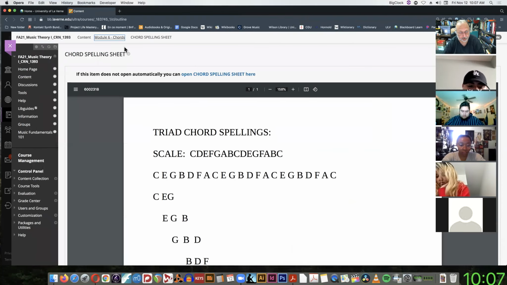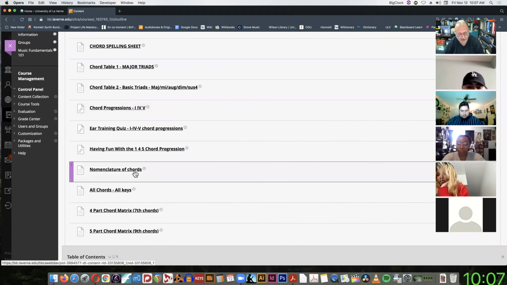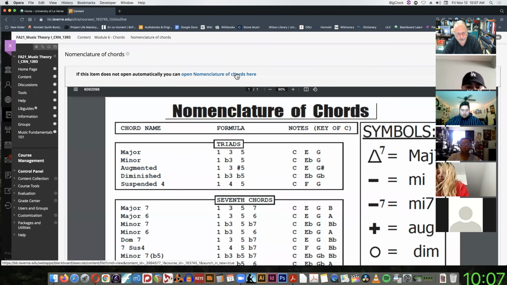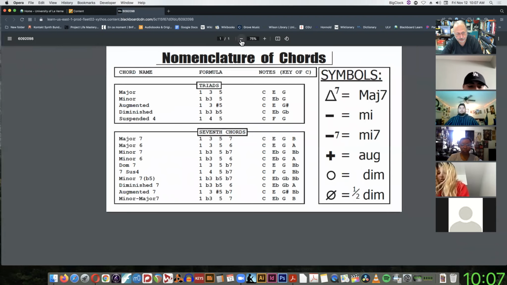All right, so now let's go back to Module 6 chords. So here's the basic table nomenclature of chords right here. And we can shrink it down for the triads and the 7th chords.